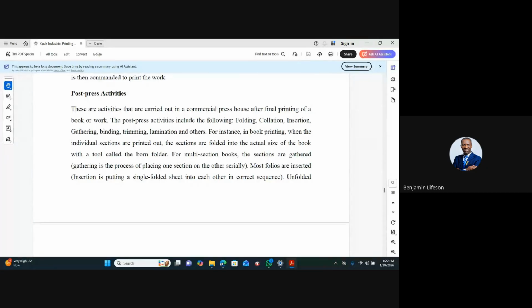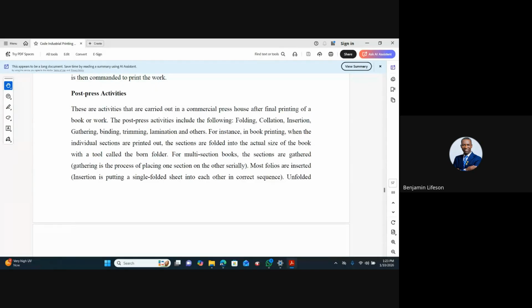So what must you do? Now you have to assemble it. You pick page 1 to 2, all right? You pick page 2 to 3, you pick page 4 to 5, and so on. All right, so collation is done after folding. And that is to ensure that each copy of the book or document has all the pages in the right order. So we are arranging it in that order.